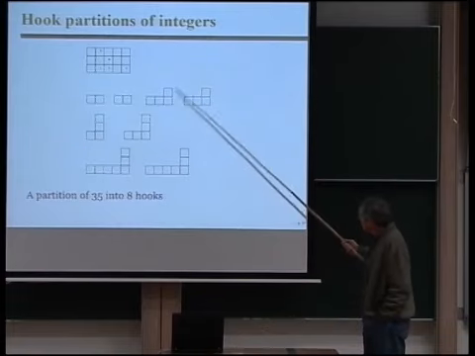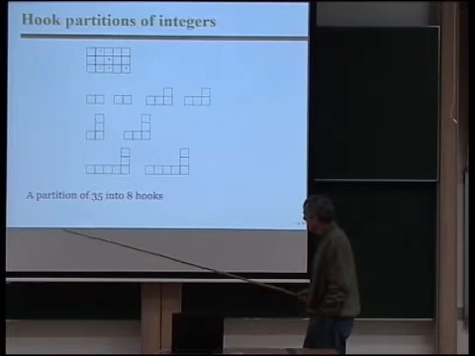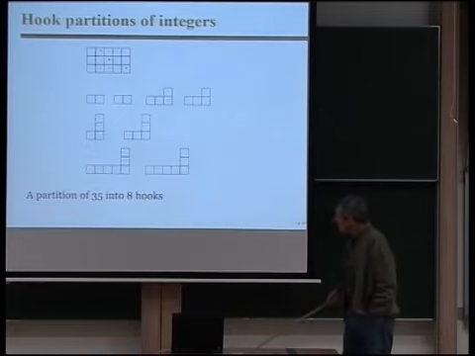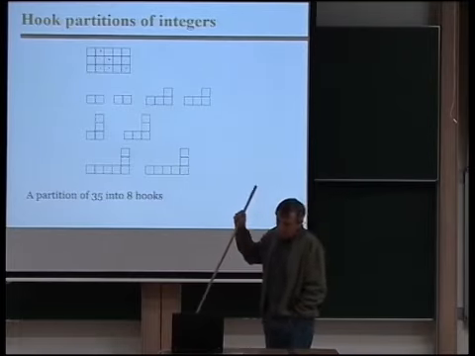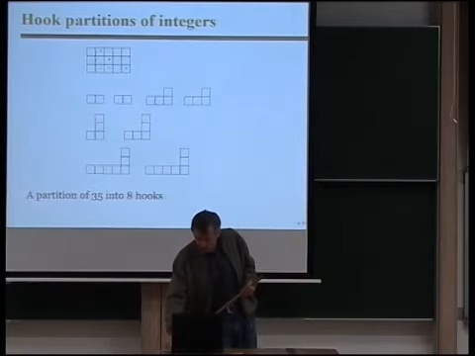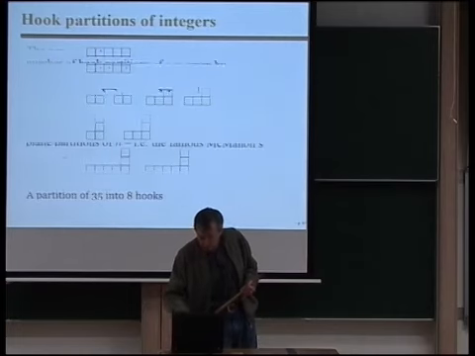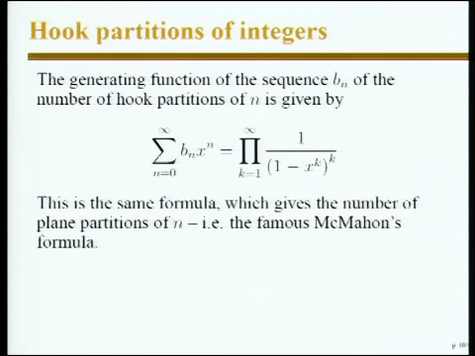So what you see on the screen, we would call a partition of the integer 35 into 8 hooks. Okay. And then again, it is easy to write down the generating function of the number of hook partitions of an integer. And this is given by this expression, and this is straightforward.